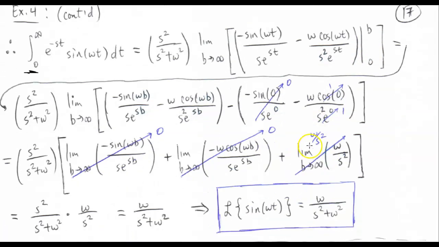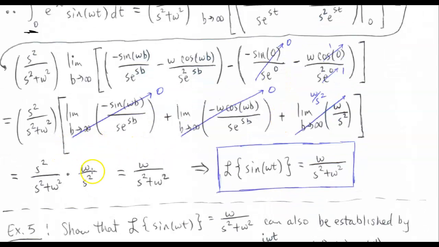Do kind of like how we just did before. Plug in b minus plug in 0. See what simplifies, and we'll see at the end of the day, once we do all that, that the Laplace transform of sine of omega t just ends up being omega over s squared plus omega squared.